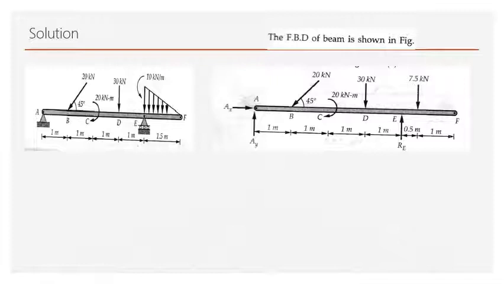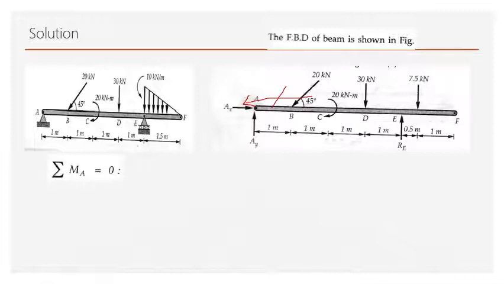So the next step is to apply the conditions of equilibrium, taking the moment of all the forces about the end A. What are the forces producing the moment? The horizontal component of the 20 kilonewton force acting towards the right, that is 20 cos 45, does not produce any moment as it passes through the moment center.